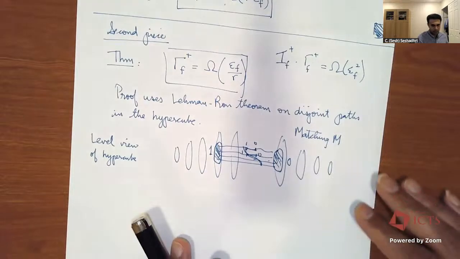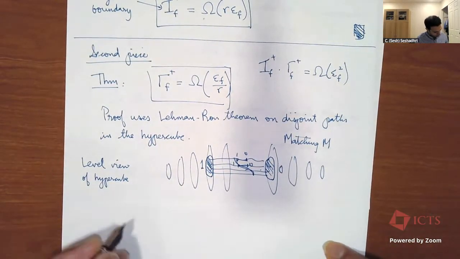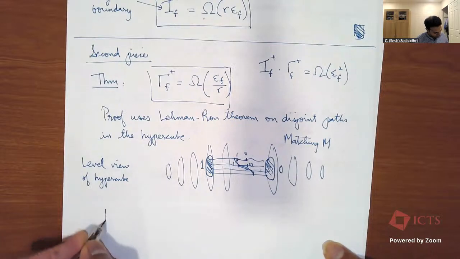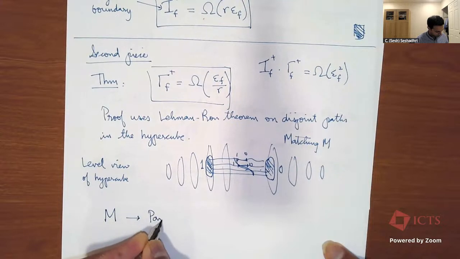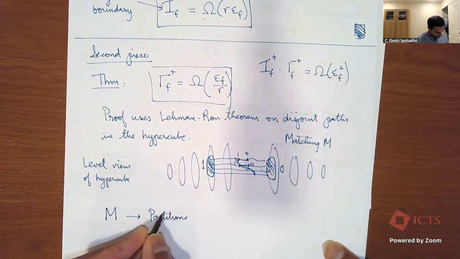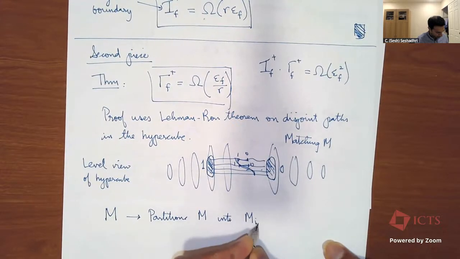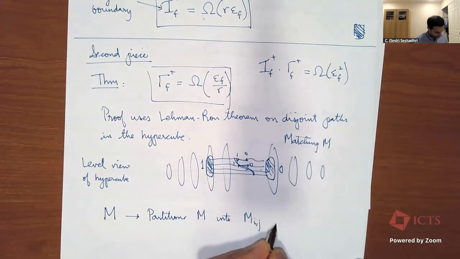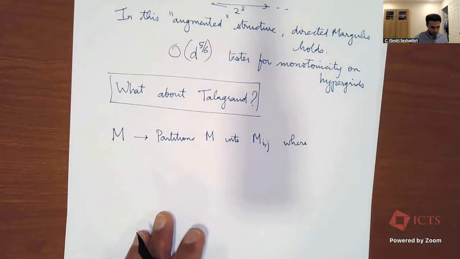So the way that this works is, you have this matching M, and I'm going to partition M into M_ij. I'll write this out over here.